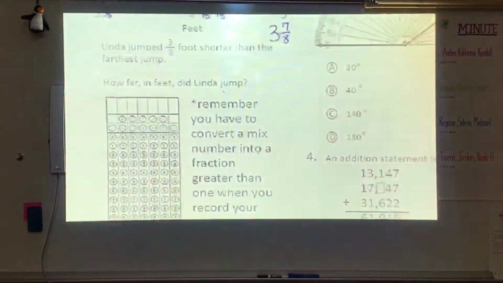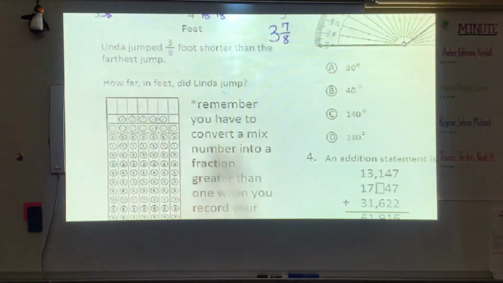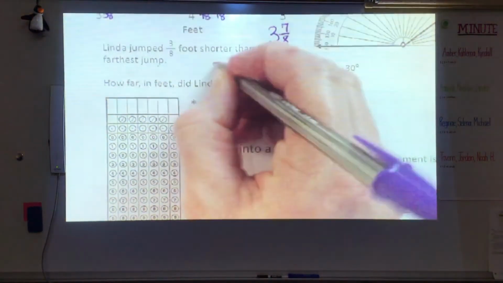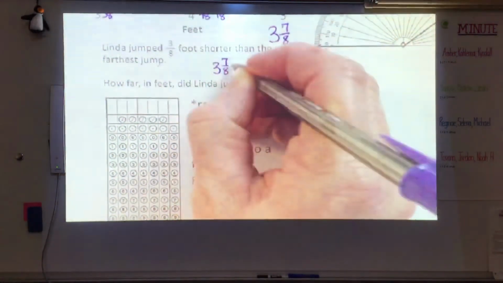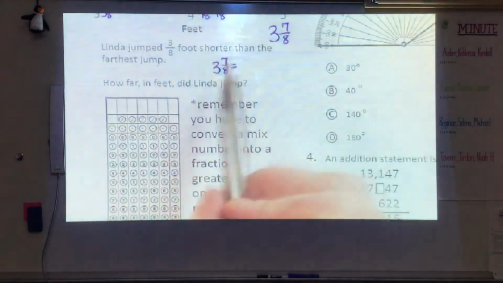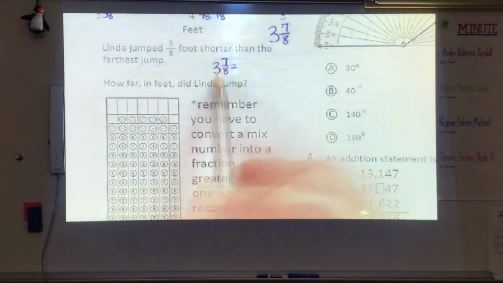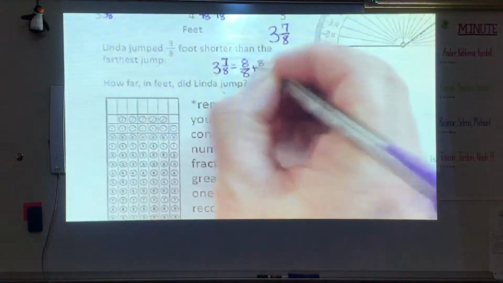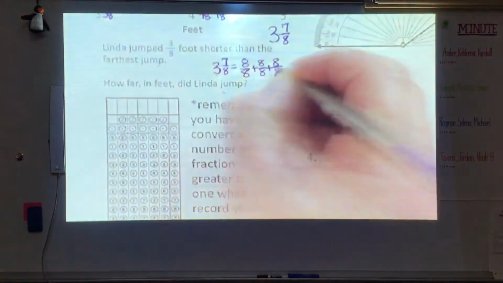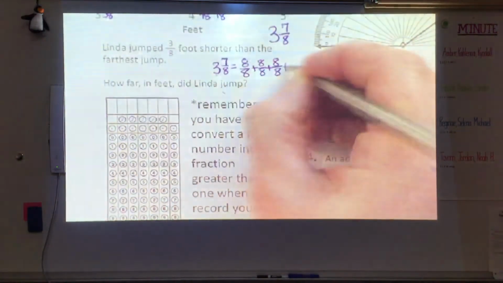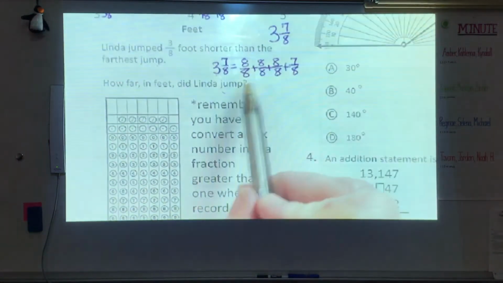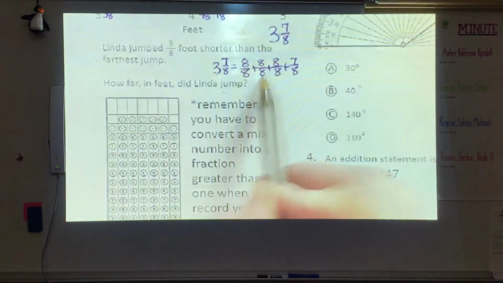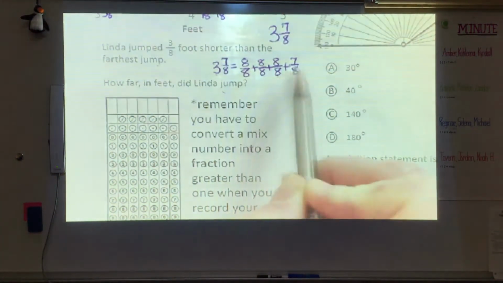But when we're doing these grids, remember you have to convert a mixed number into a fraction. So we need to take our 3 and 7/8 and convert it. We know one whole is 8/8, so we need 3 of those. So we're going to do 8/8 plus 8/8 plus 8/8. There's our 3 wholes. And then add the 7/8 to that. If we skip count, we go 8/8, 16/8, 24/8, plus 7 more.